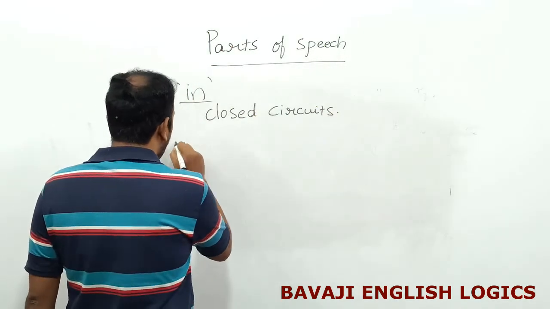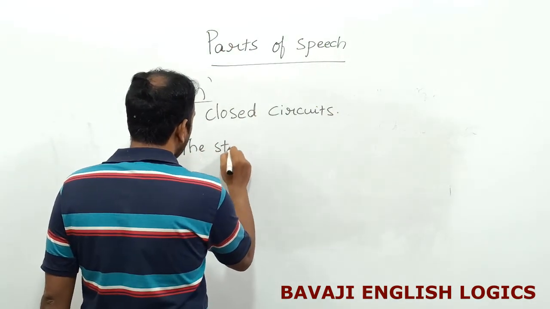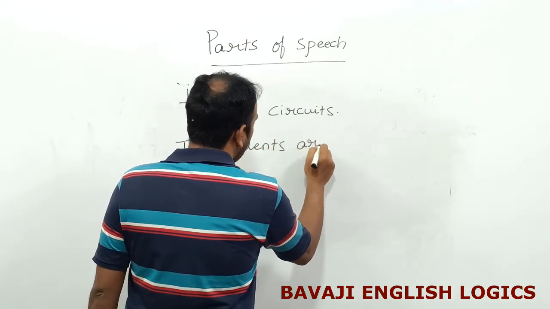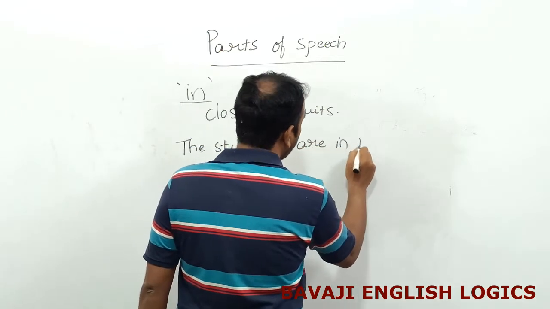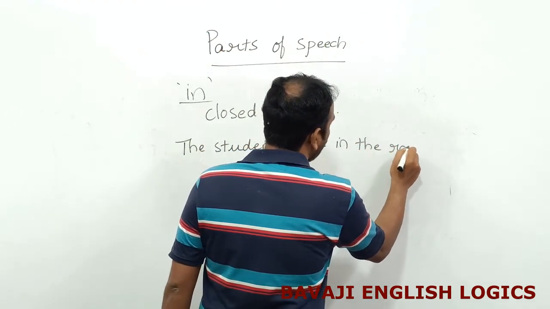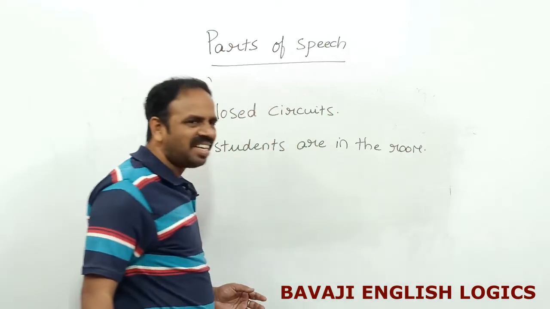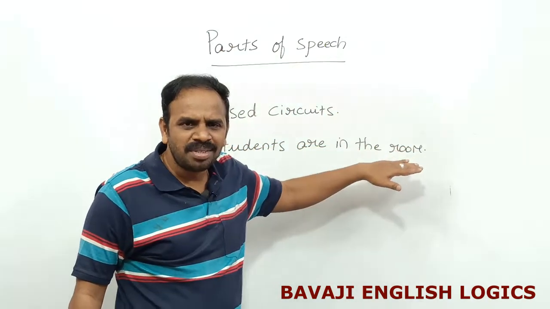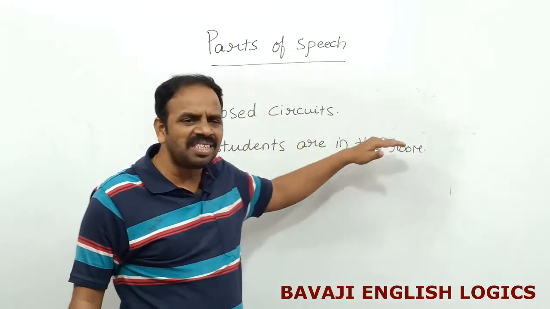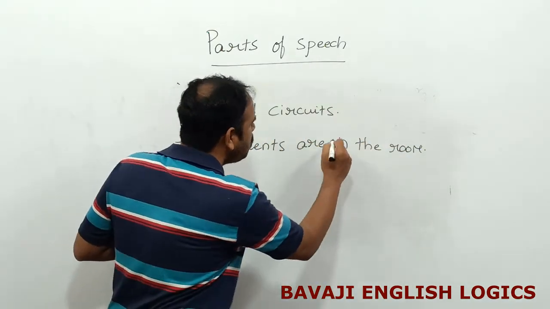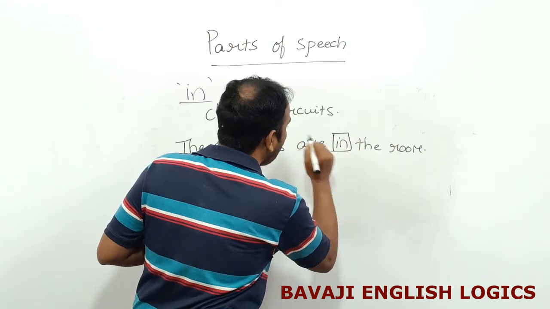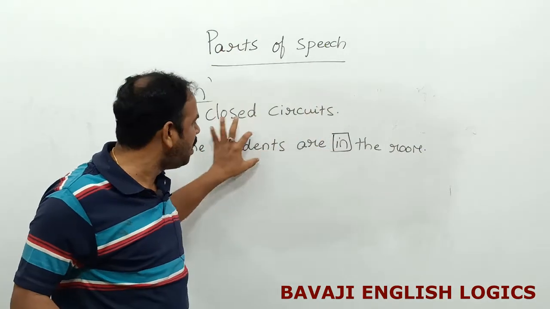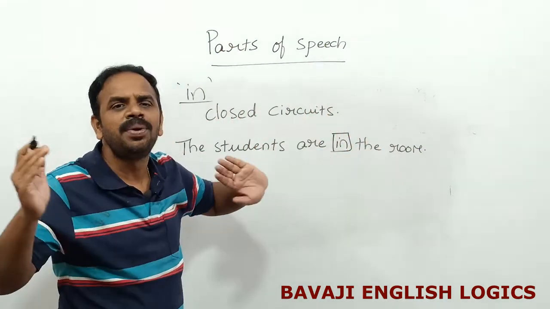The students are in the room. So in this sentence, the students is one noun, the room is another noun. These two nouns are related with the preposition in. If we don't use the preposition in, these two nouns cannot be related to each other.